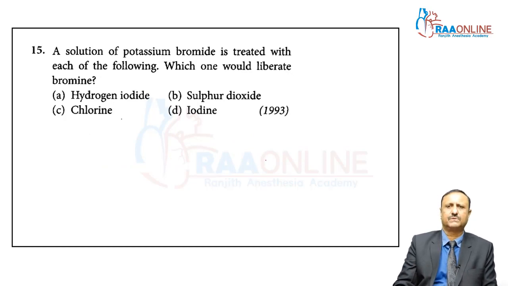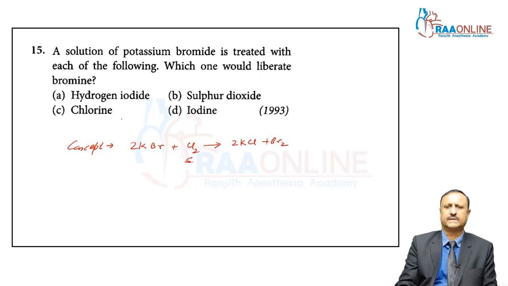A solution of potassium bromide KBr is treated with which one of the oxidizing agents to give bromine. You can react with Cl and you get 2 KCl plus Br2. Why?